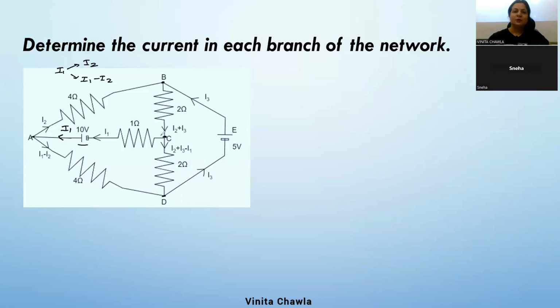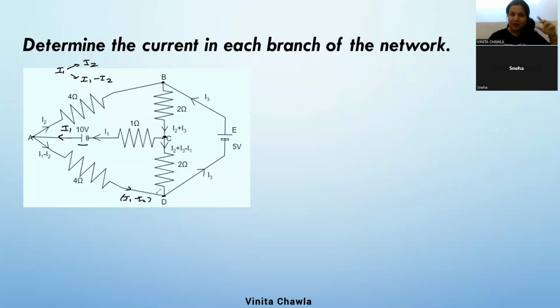क्लियर है? Yes. अब क्या होगा, अब देखो ये जंक्शन है यहाँ पे. अब यहाँ से जो I2 प्लस I3 में से जो I1 वाला पार्ट है वो निकल जाएगा, because I1 has to go to the cell, the source of EMF. ठीक है, तो I2 प्लस I3 में से I1 वाले पार्ट को रिमूव कर दो, तो वो नेगेटिव में चला जाएगा. उसके बचा कितना, I2 प्लस I3 तो था, उसमें से माइनस I1 करके वो नीचे चला जाएगा. अब जो टुवर्ड्स D आ रहा है वो I2 प्लस I3 माइनस I1 आ रहा है. क्लियर है? डाउट नहीं? चलो, अब पीछे से यहाँ पे कौन सा करंट आ रहा है, I1 माइनस I2, और यहां से I2 प्लस I3 माइनस I1.